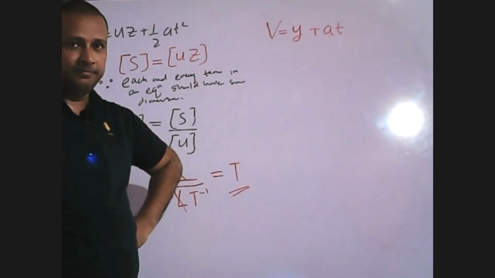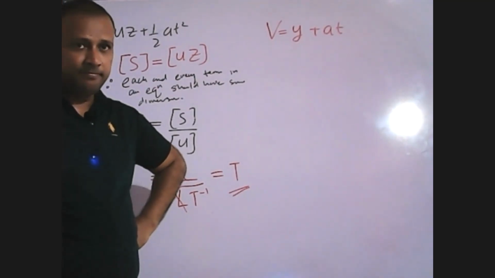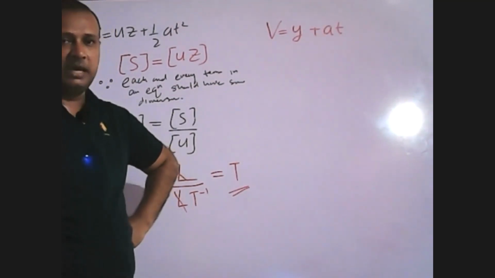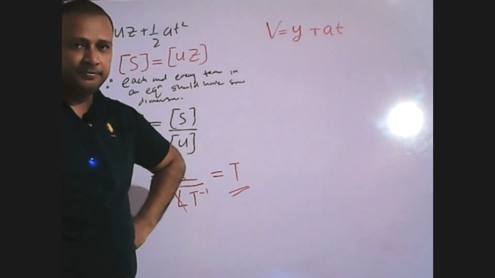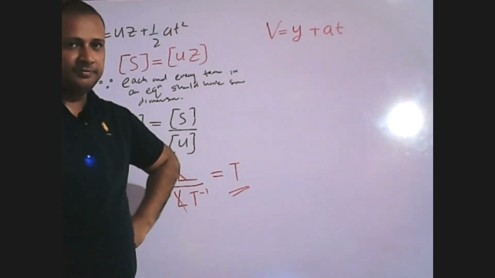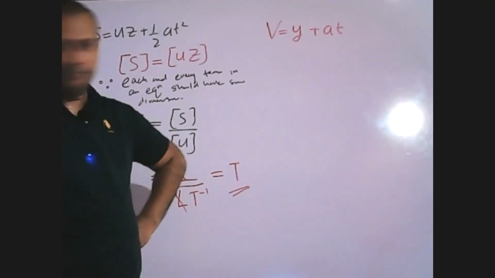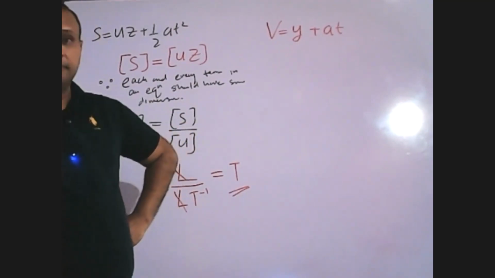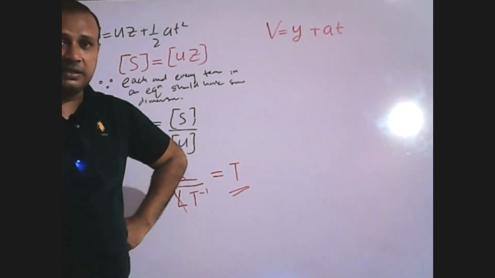The dimension of Y is equal to the dimension of velocity. Very good. Others, is that correct? Yeah, your answer is correct.